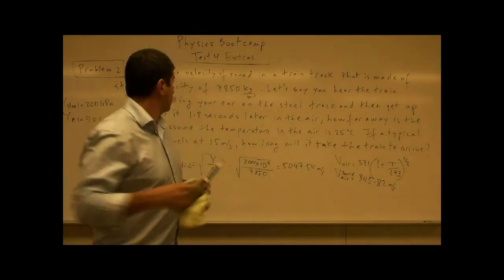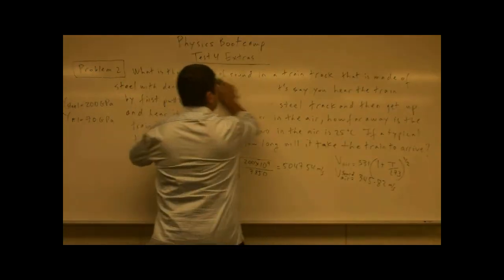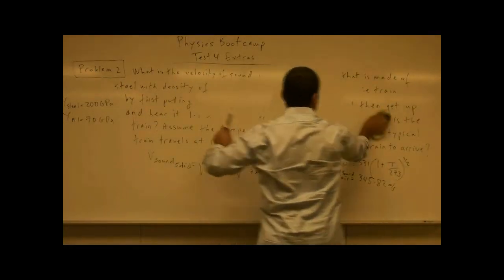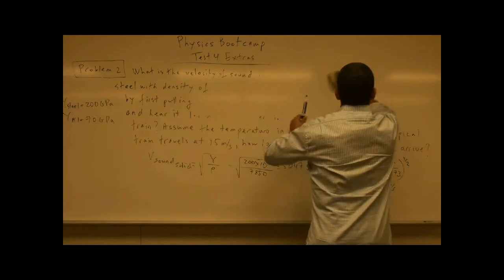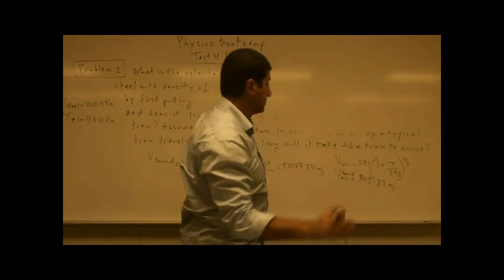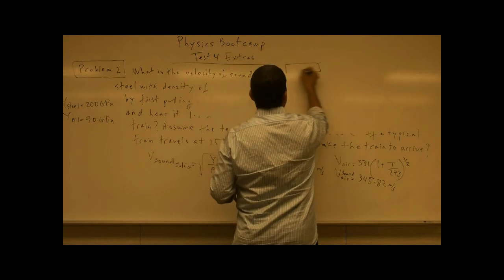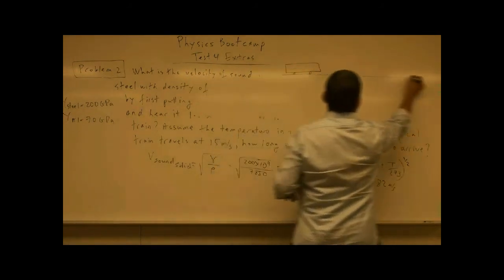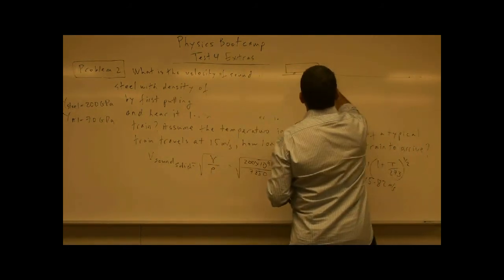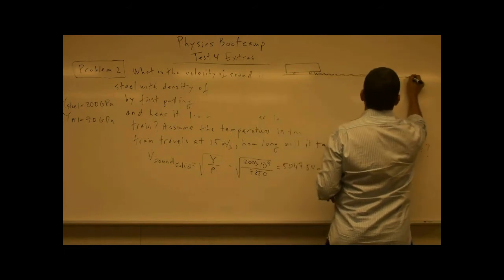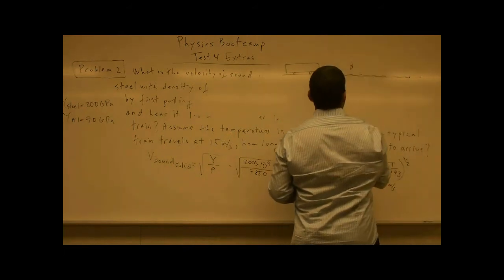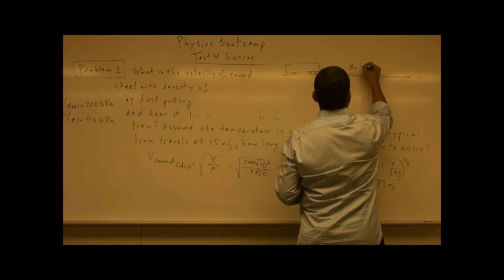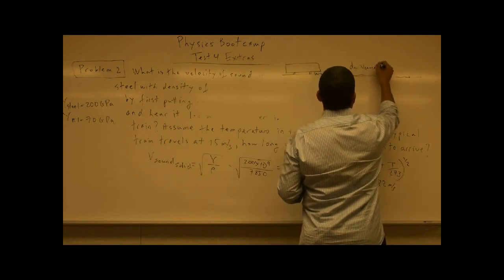Okay, so now here's what's going to happen. Let's visualize this. If the train is here, and it's giving out the sound wave through the steel tracks, the distance is a certain distance away, that's equal to the velocity of sound times t.